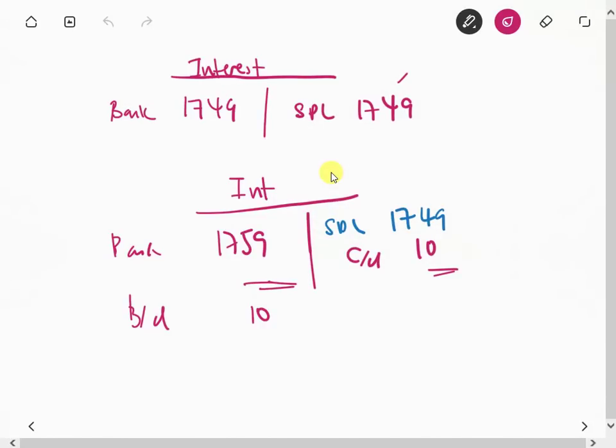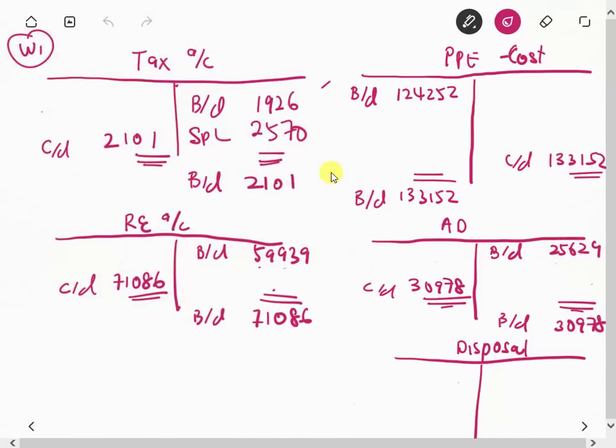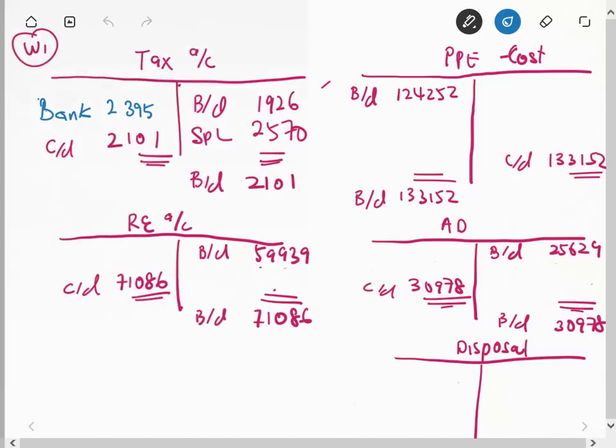This is how much we pay. So what is the missing figure now? Tax. How much is this? 2395 is bank. I pay tax 2395. How much is expense of? 2570. So 2395 is the amount paid.